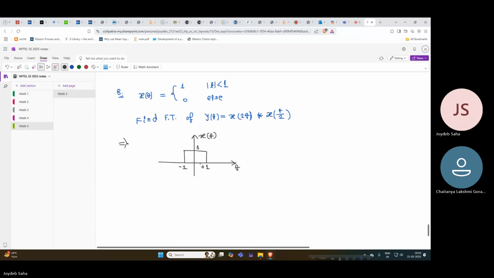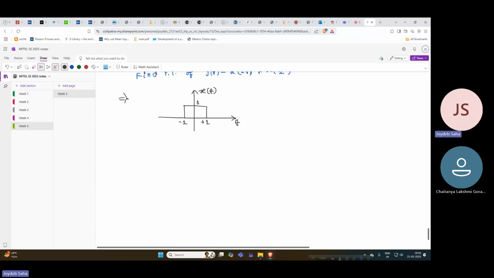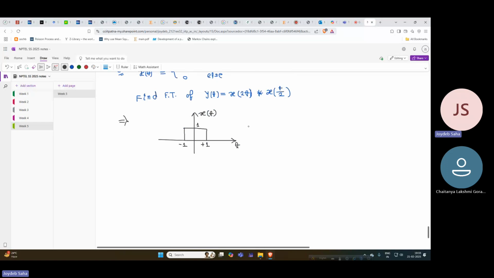Fine. And we know its Fourier transform will be, let's write it another way.